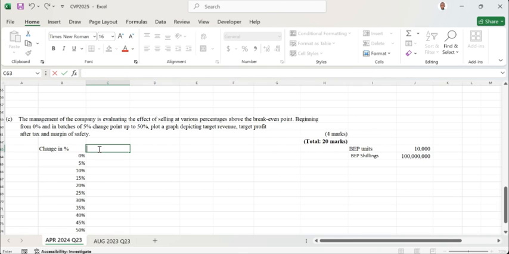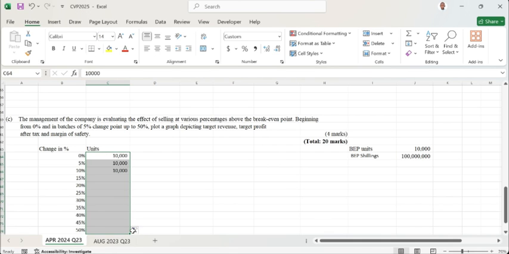So tuko na 0%, tuko na 5%, next tuko na 10%. Usishangae ni mbona zina behave hivyo. So I drag this to 50 mpaka hapo.